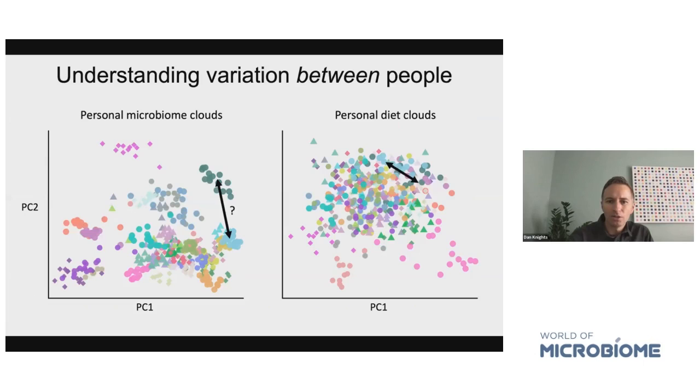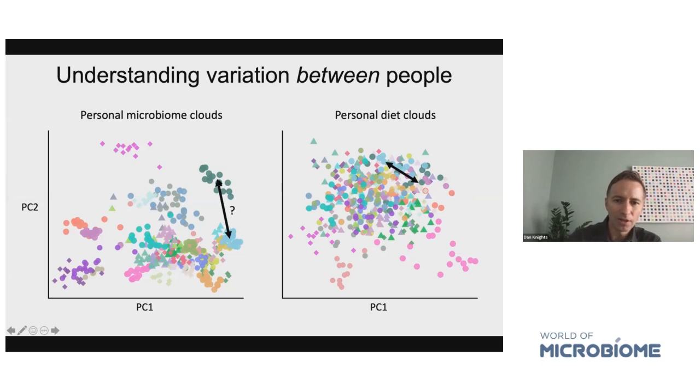So what we're going to do first is to forget about all this day-to-day variation in each person and just try to find out if the average similarity in people's microbiomes, which is shown on the left, corresponds to the average similarity of their diet, or their dietary intake, shown on the right.